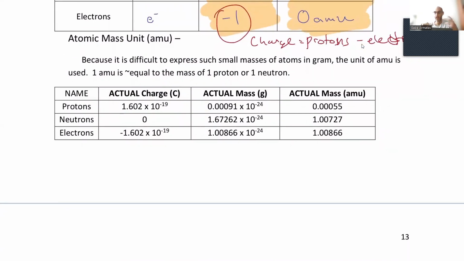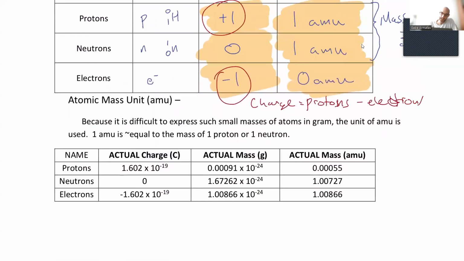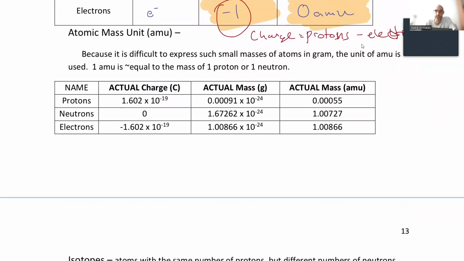If you actually look, why do we use relative? Again, the idea of relative mass and relative charge. That's because if you actually look at the actual charge of these things, they're really tiny. 1.6 times 10 to the negative 19, or negative 1.6 times 10 to the negative 19, or masses times 10 to the negative 24. And what you notice is a proton.